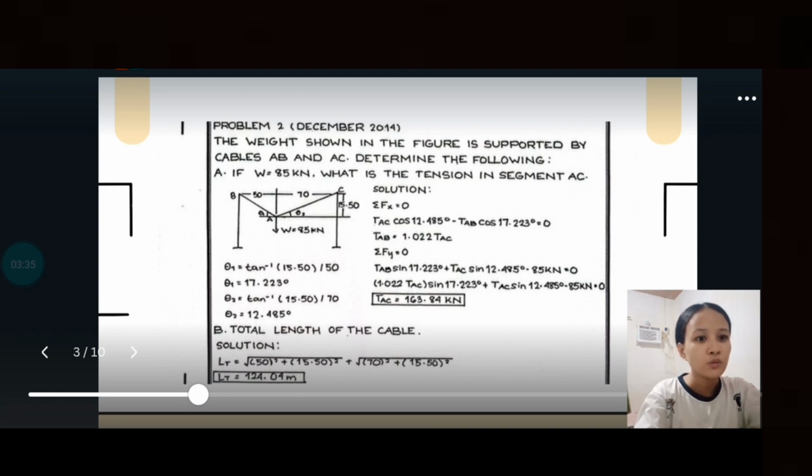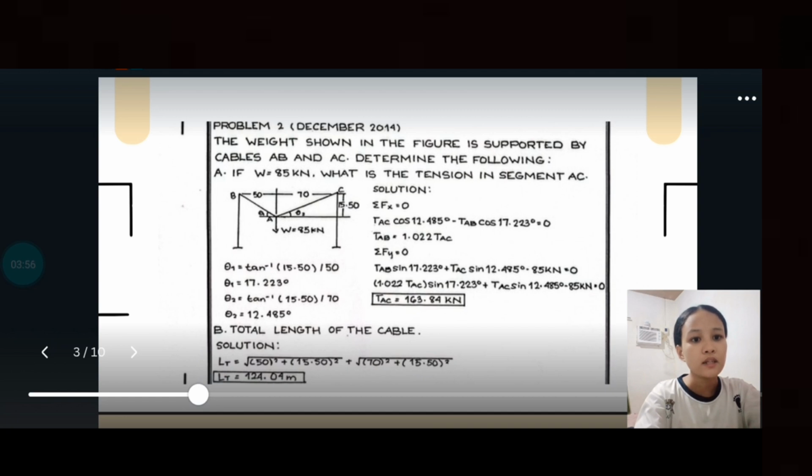So the 17.223 degrees came from arctan 15.50 over 50, is equal to 0. Then TAB is equal to 1.022 TAC since TAC is also unknown.